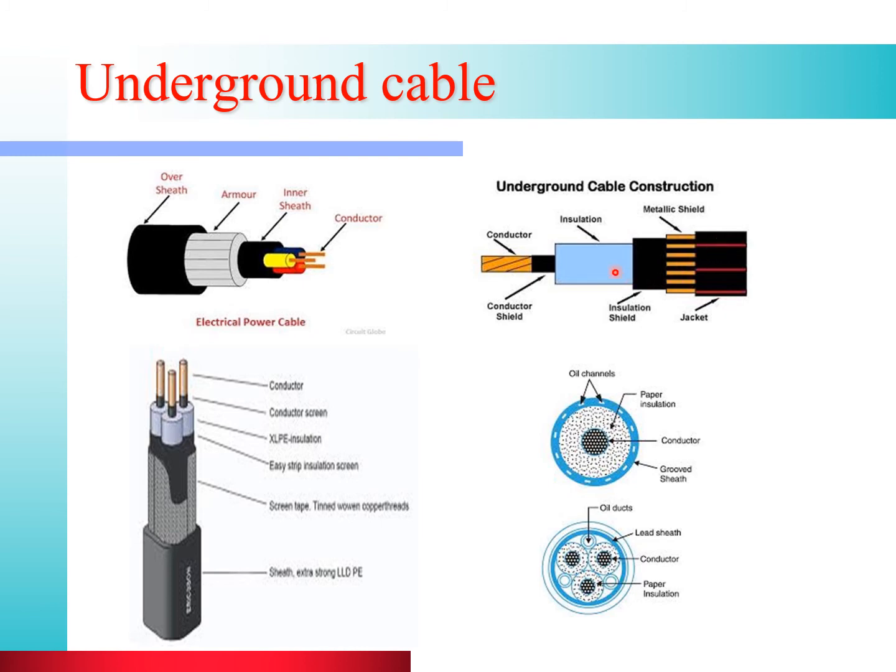So by using these different shields and the jacket, the conductor is protected, so the cable is protected from mechanical injury. This is the oil cable where an oil channel is provided for cooling the cable. This is generally used for the transmission circuit. So this is the diagram of the underground cable.